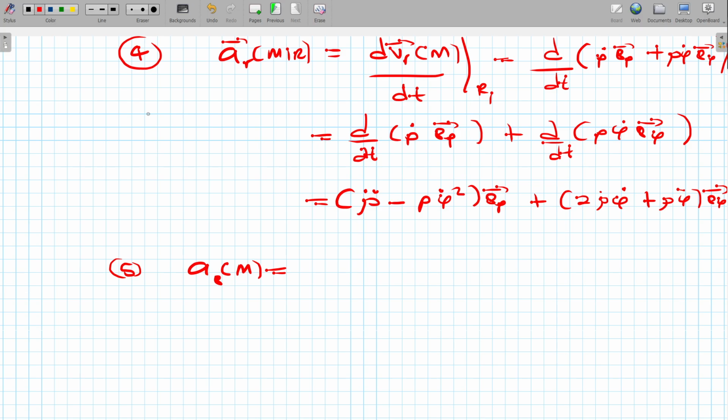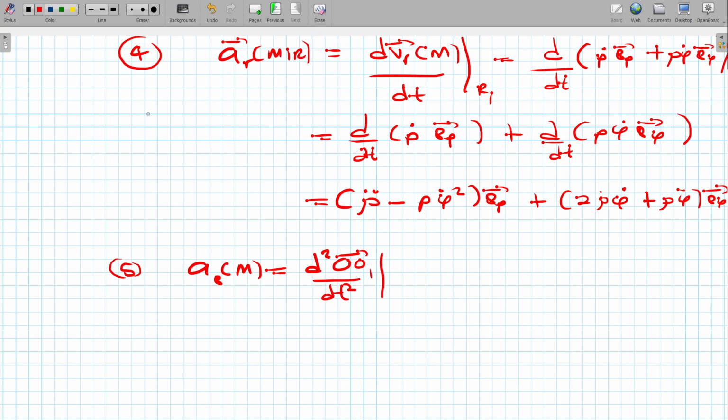Okay, so the first term is about translation. The first term is just like for relative velocity. It describes the translational movement of the reference frame that is moving, with respect to the one that is fixed.